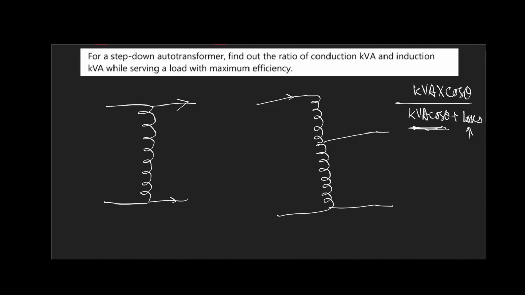It has an initial kVA rating of 10 kVA; find out the kVA rating of the transformer. Unlike the common case, this was the problem where I made some mistake and had to change it.